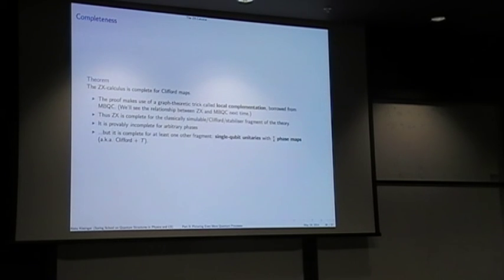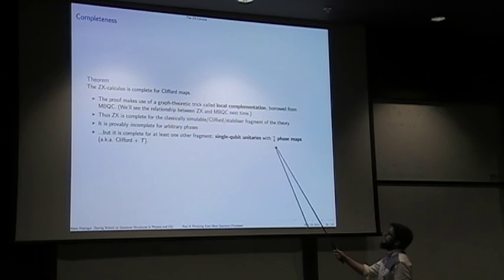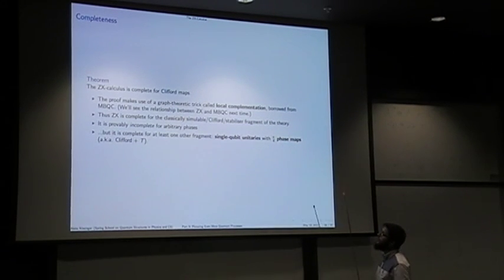And it's also complete for at least one other fragment. This result was also shown by Miriam, I think using a recent paper by Selinger, which proved a similar thing in the circuit context. At least if we restrict to single qubits, which is a bit boring, we can actually get completeness if we go from pi/2 to pi/4 phase maps.